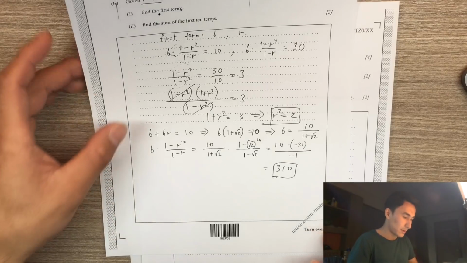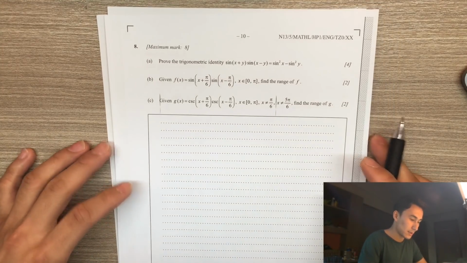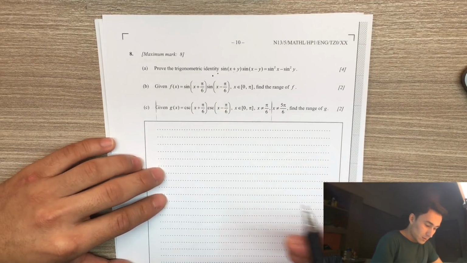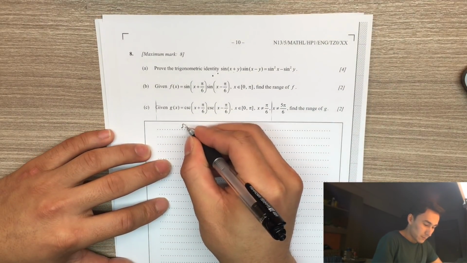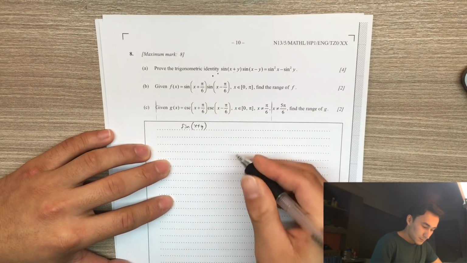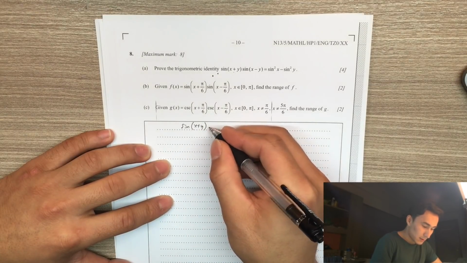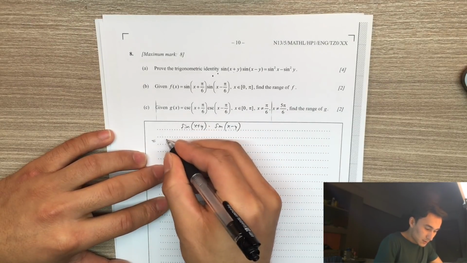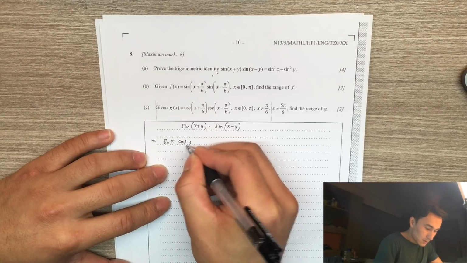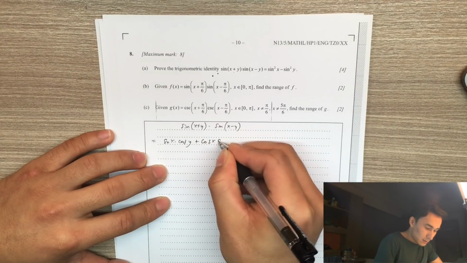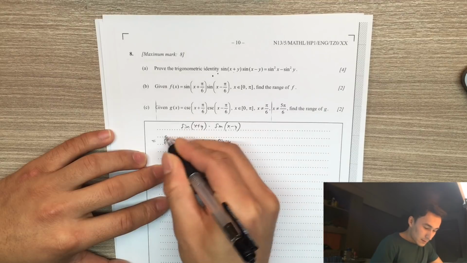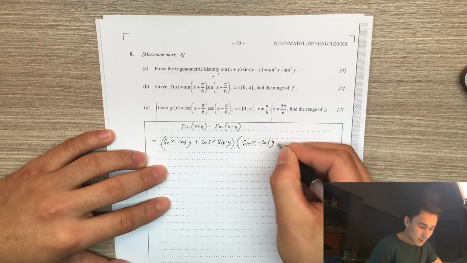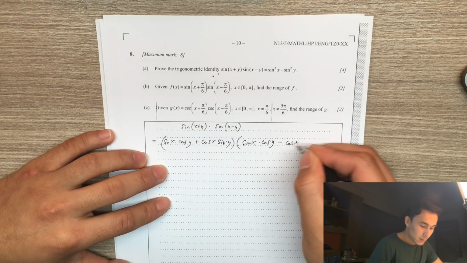So the next problem is prove the trigonometric identity. So we use the double angle formula. So sine(x plus y) multiplied by sine(x minus y) is equal to (sine x cos y plus cos x sine y)(sine x cosine y minus cosine x sine y).